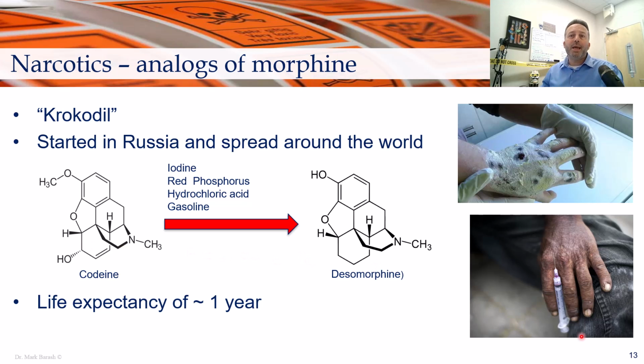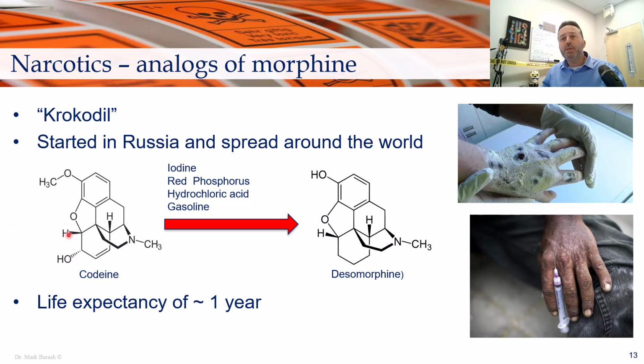And codeine can then be converted into diazomorphine, which is an analog of morphine, although with much stronger effect, similar to heroin. Now, in order to convert codeine to diazomorphine, you need to remove one carbon atom, one oxygen atom, and add a few hydrogen atoms.